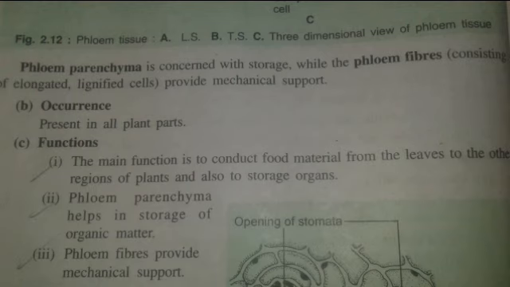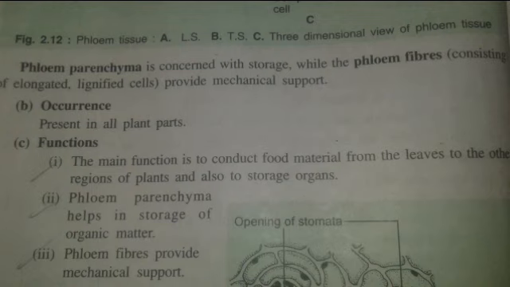Let's have a look at the occurrence of phloem cells: they occur in all plant parts. Phloem is found in all parts of the plant because it has to perform the function of transporting food to the different parts of the plant. Now we will look at the function.